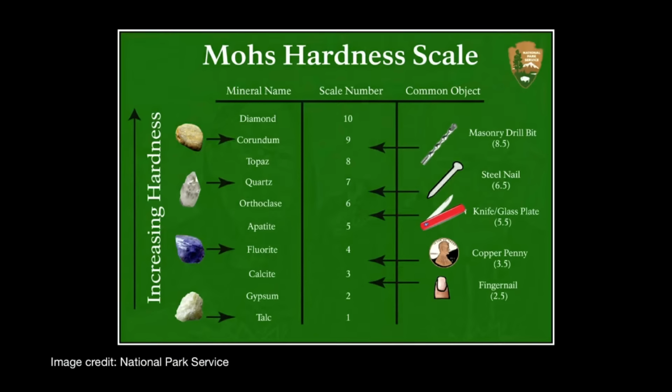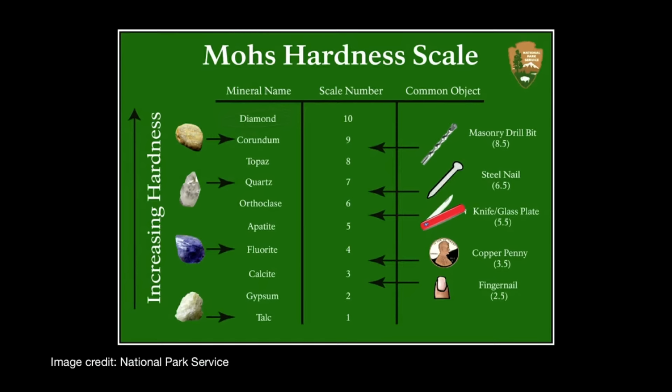Yeah, I just wanted to take another look at this because I think this is so cool. So we've got talc, gypsum, calcite, fluorite, apatite, orthoclase. I've never heard of that. Quartz, topaz, corundum. That's the sapphire and ruby. And then diamond. Sorry, I said that wrong. Oh, yes. It makes me wonder where emeralds or other gemstones fall in here.